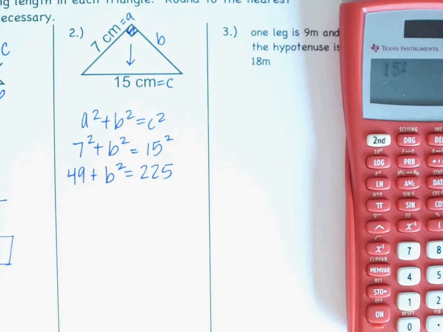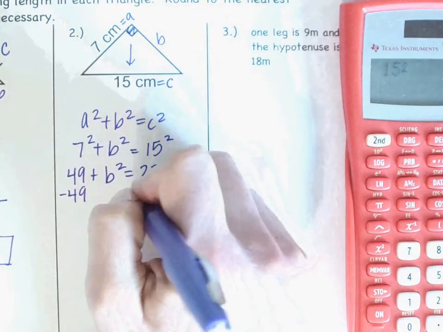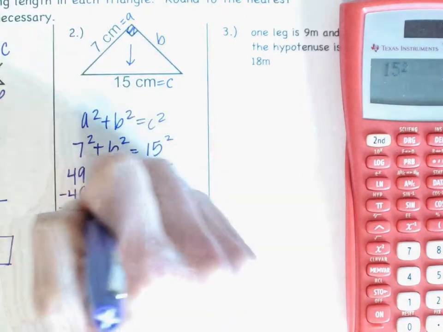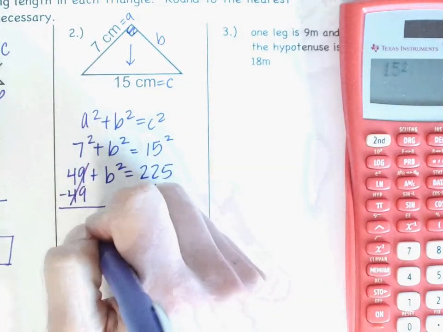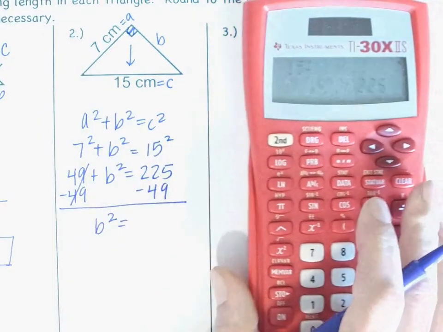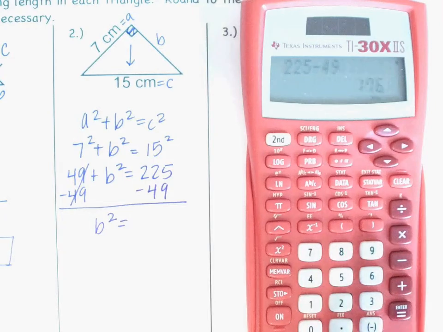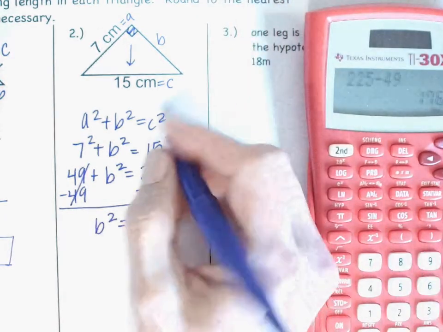Then to keep solving for B, our goal, again, to get it by itself, we're going to have to do the inverse of that 49. So if it's a positive 49, the inverse of that is to subtract 49. We do it to both sides of that equal sign. So 49 does subtract out, so I have B squared by itself on one side of the equal sign. Next, I'm going to take 225 and subtract 49 from it, and I get 176.